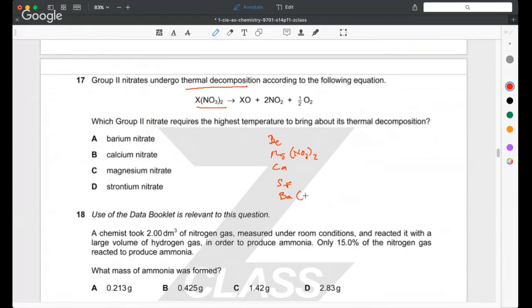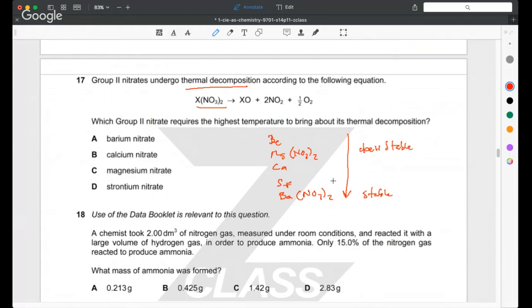Typically, you might compare magnesium nitrate and barium nitrate. And you need to know that the thermal stability increases down the group. So this is thermally stable, and this is thermally less stable.